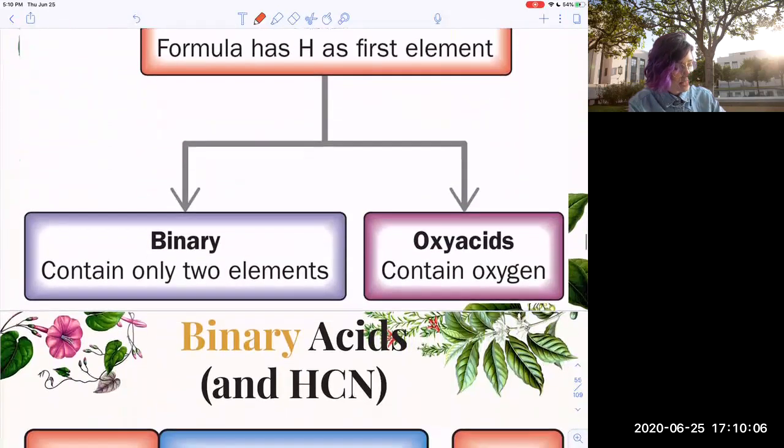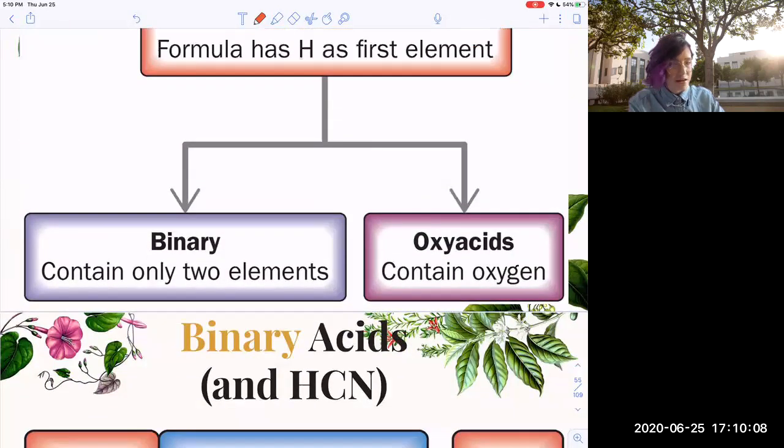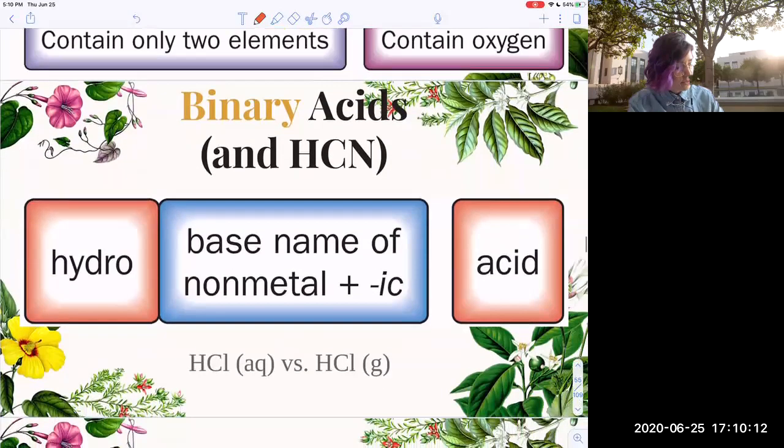So two types of acids, binary acids and oxyacids. Oxyacids have oxygen. So if you have a binary acid like HCN, I want you to think about this: no oxygen. So what am I doing here if I don't have O? Adding hydro.